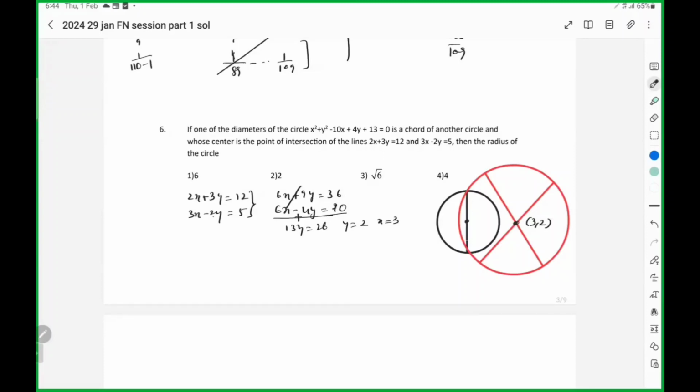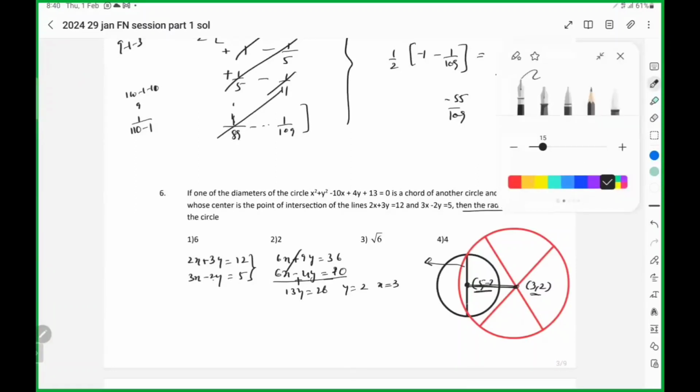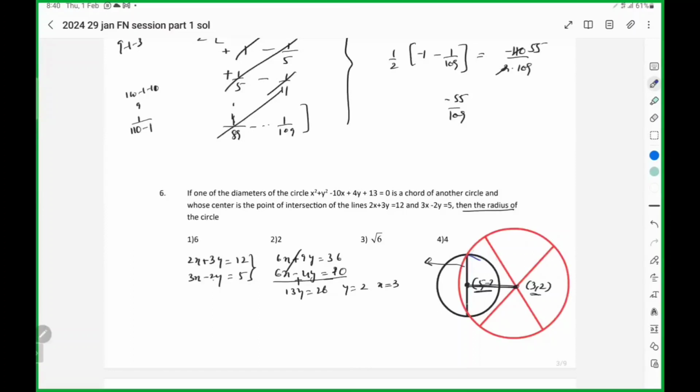And here, one of the diameters is the chord, and the midpoint of the chord definitely bisects. So join these two points.